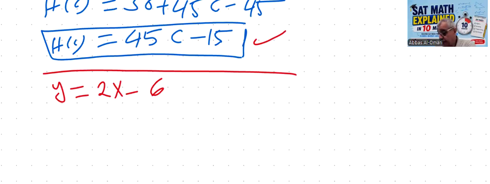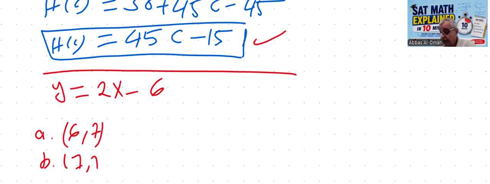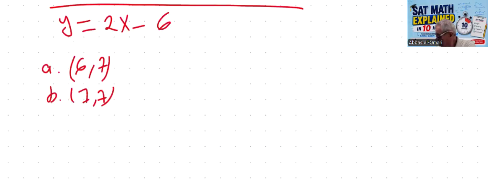So we have A, 6 and 7. We have B, 7 and 7. And we have C, 7 and 8.